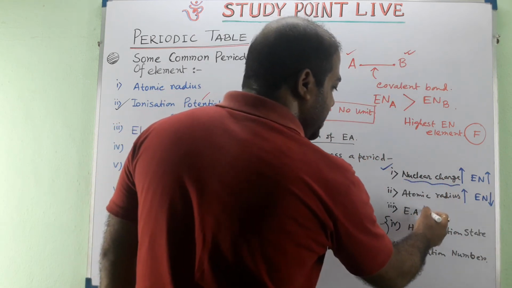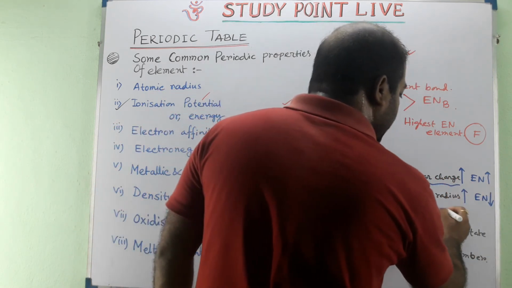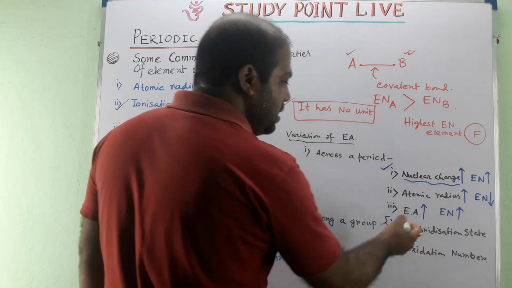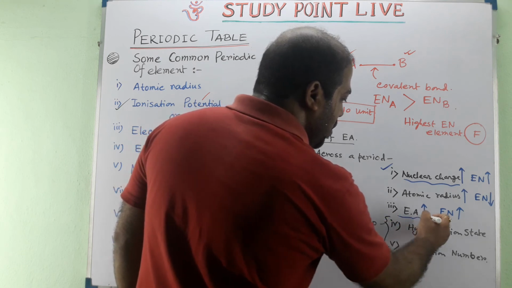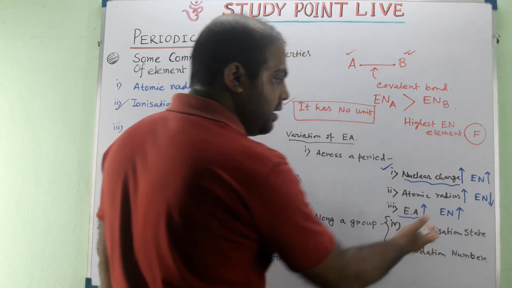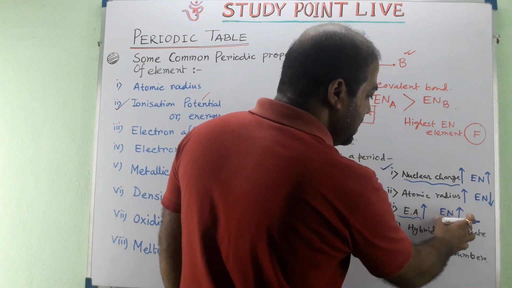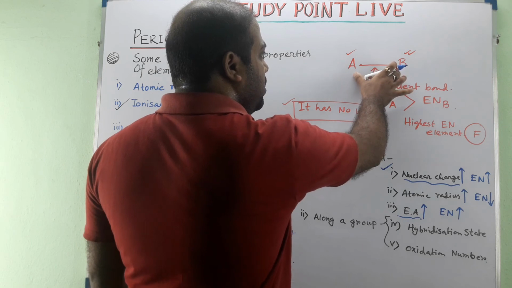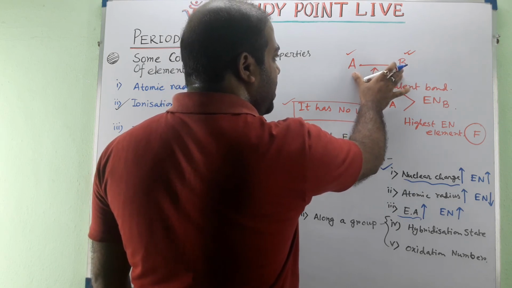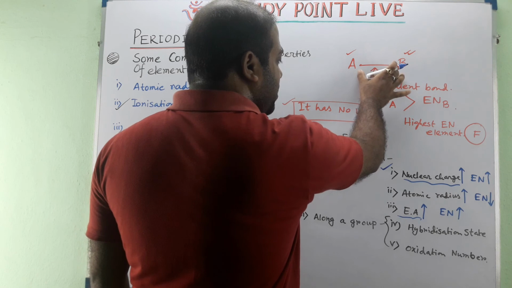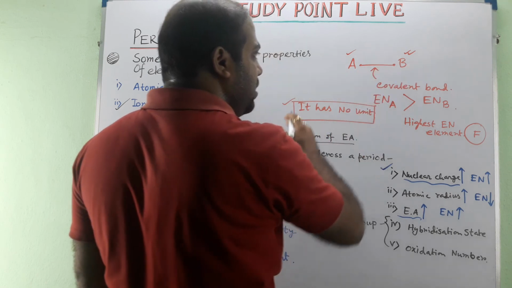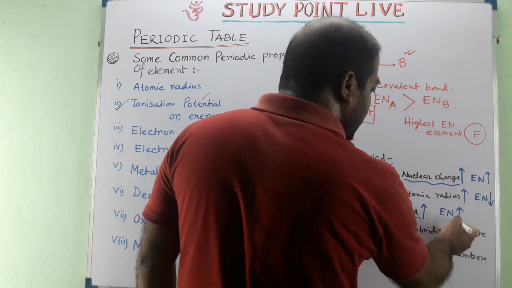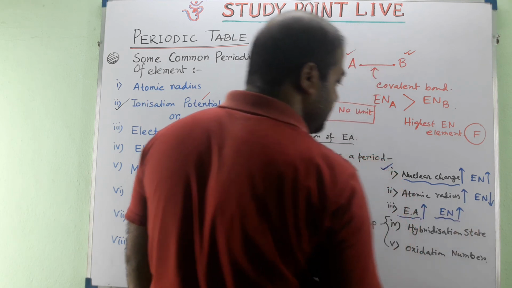If electron affinity is greater, then electronegativity will also increase. Since in electron affinity one electron is added, but here two electrons are shared between two atoms, and the covalently bonded electrons are attracted by either of them. That's why when electron affinity increases, electronegativity of the element will also increase.